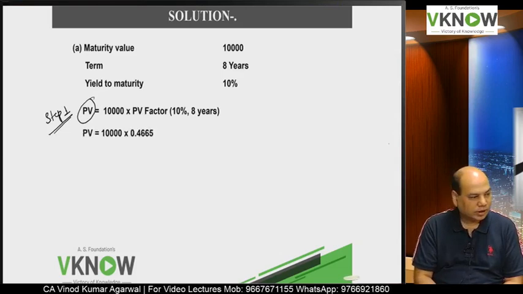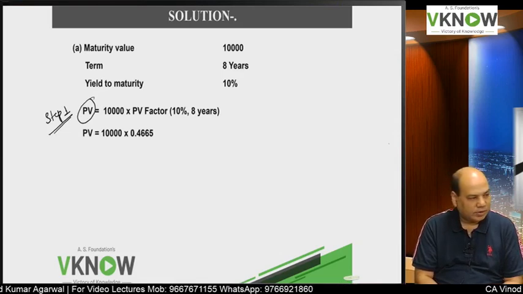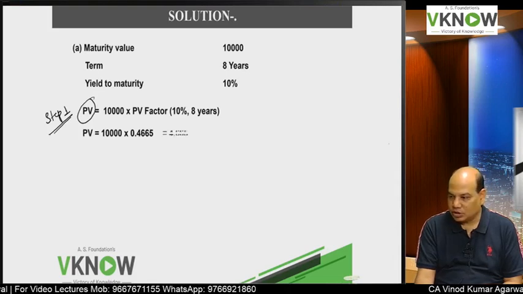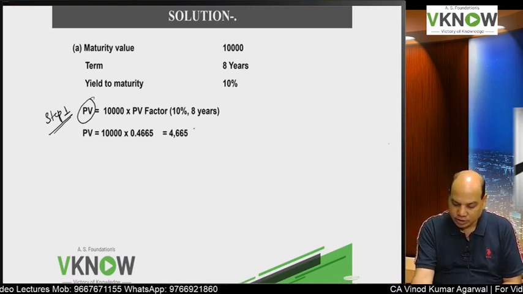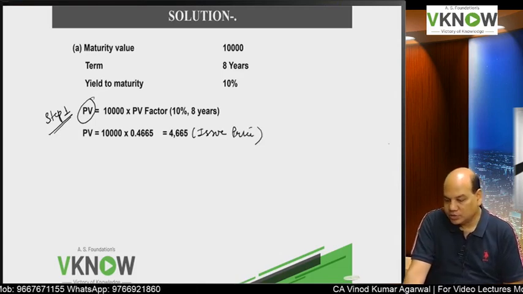Solve 10,000 into, check the factor of 8 years and 10%. So that is 0.4665. Is it right? So the answer is approximately the issue price, in bracket write issue price is 4665.